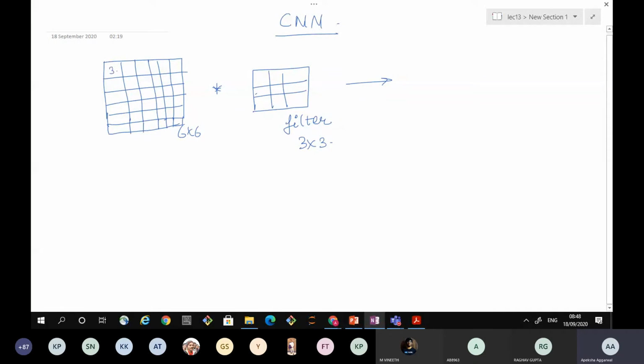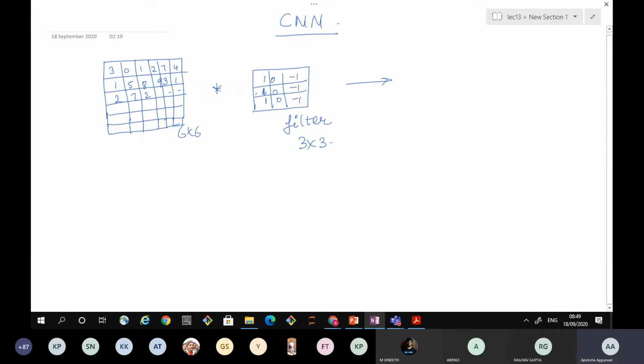Suppose I'm writing 3, 0, 1, 2, 7 and so on. So it has certain pixel values or numbers stored in the form of an array in your computer system. Suppose there are so many values, and similarly, suppose I'm applying the filter 1 1 1 0 0 0 -1 -1 -1.